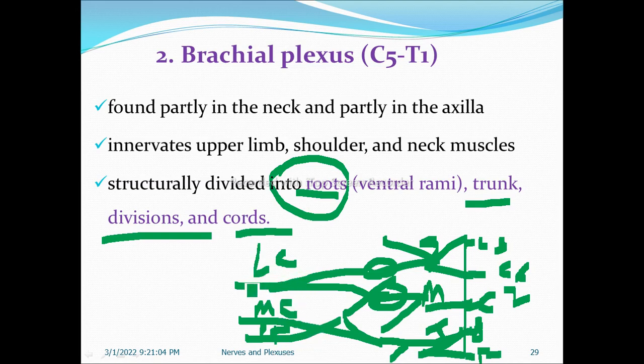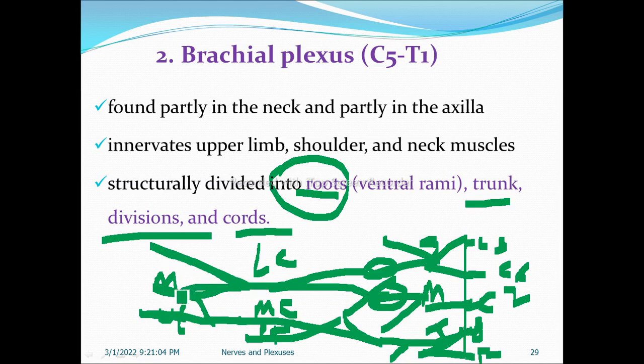The lateral cord gives the musculocutaneous nerve, and also participates in forming the median nerve. The medial cord gives the ulnar nerve, and also contributes to the median nerve. So this is the ulnar nerve, this is the musculocutaneous nerve, and the contribution from lateral cord and medial cord forms the median nerve.